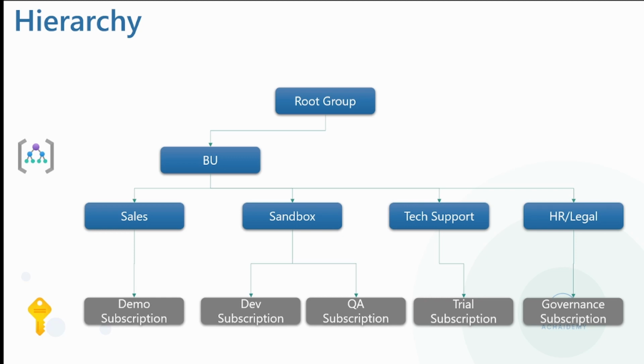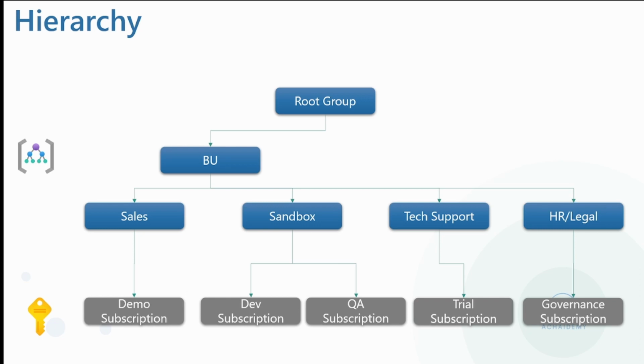So segregating and achieving a hierarchy based on the organization's need will help the organization to manage the infrastructure at a granular level, at a subscription or a team level, and also at the root level, the org level, or the BU level. So the first thing we need to do when looking at having better governance in Azure is to begin with understanding and defining the management groups that we want to use.